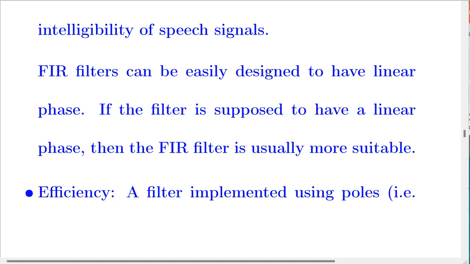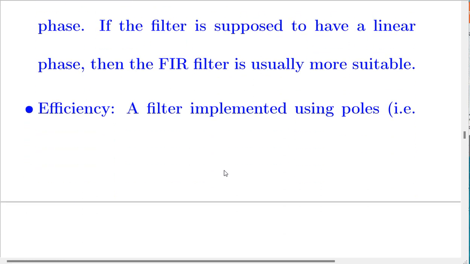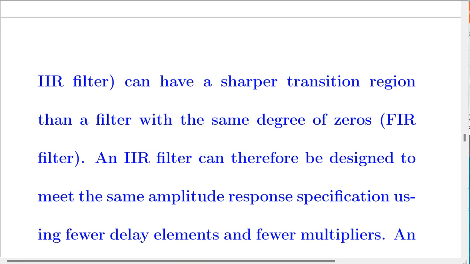FIR filters can be easily designed to have linear phase. If the filter is supposed to have a linear phase, then the FIR one is usually more suitable. What about the efficiency? A filter implemented using poles, that is IIR filters, can have a sharper transition region than a filter with the same degree of zeros, FIR filter.